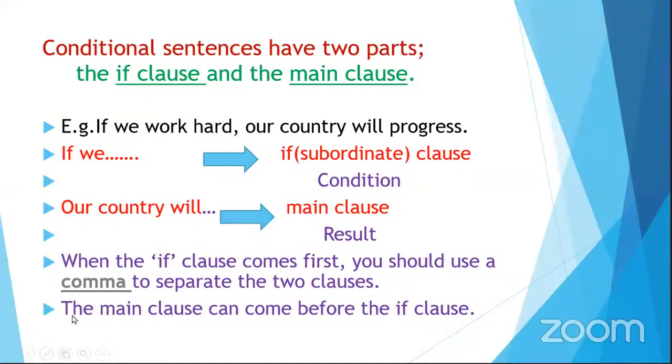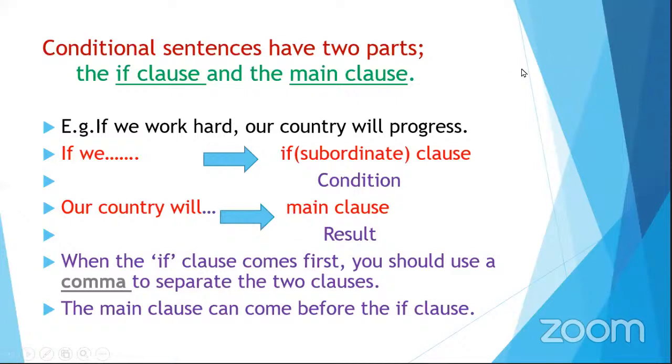I hope you understood this. Conditional sentences basically consist of two clauses, the if clause and the main clause. I introduced the if clause, I introduced the main clause, then I told you about the comma, and I also told you conditional sentences can begin with the main clause.